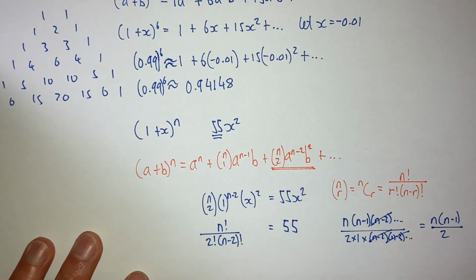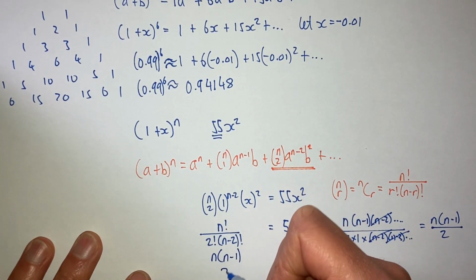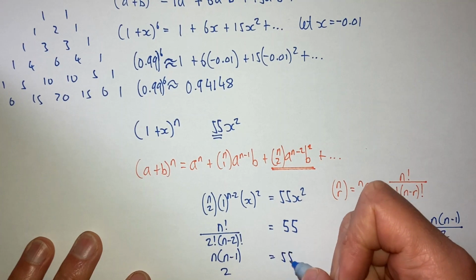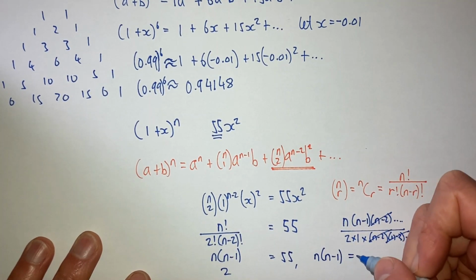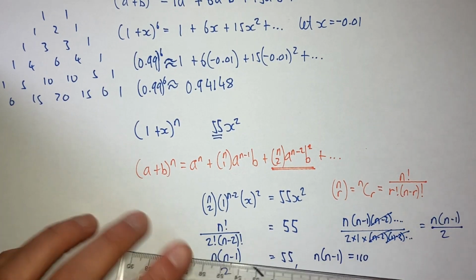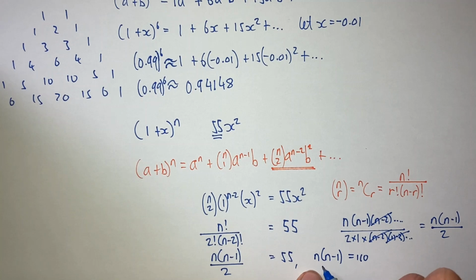Now we can solve this one of 2 ways. Let's write it out first. n times (n minus 1) all over 2 is 55, which gives us n times (n minus 1) equals 110. So can you think of 2 consecutive numbers that multiply together to equal 110? Yes, we can. We can have 11 multiplied by 10 is 110. So n equals 11.